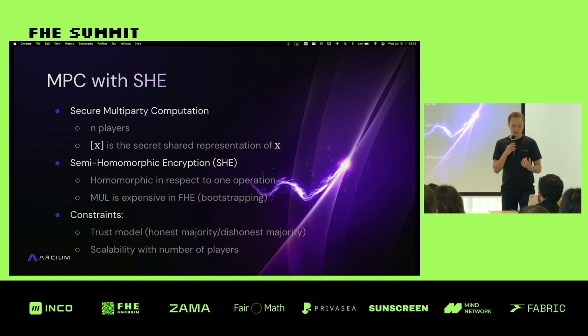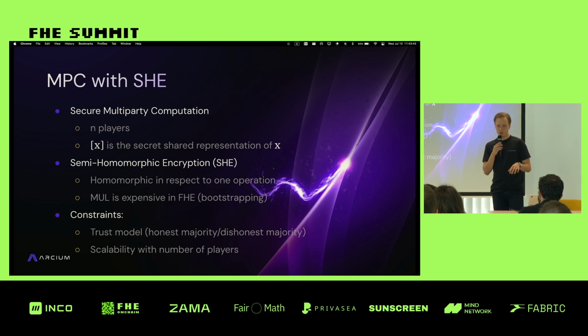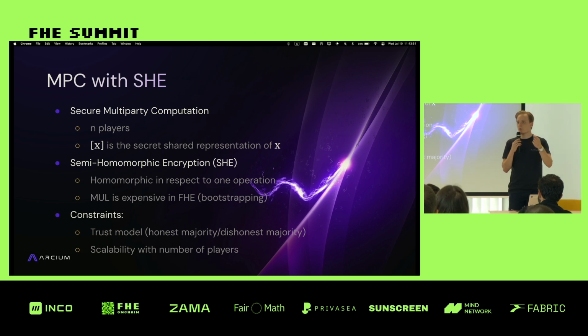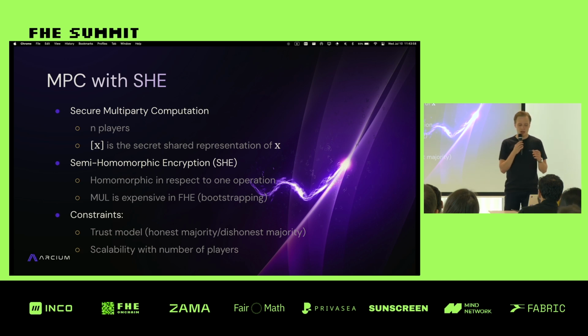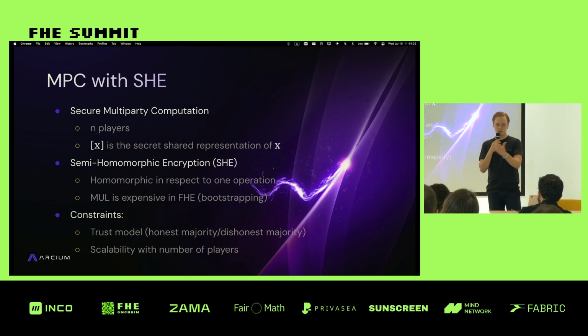And at the same time, for us personally at Arcium, we have a protocol with the dishonest majority trust assumption, which means out of a set of n players, there has to be one honest player, one player not maliciously collaborating with the others to undermine confidentiality. And in an open environment where anyone can join such a computational network and become an honest player, this is a reasonable trust assumption.